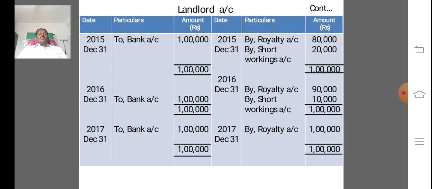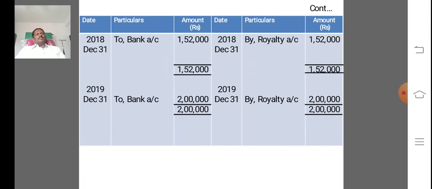In the year 2017, to bank account 1 lakh, by royalty 1 lakh. There is no short workings. In the year 2018, to bank account 1,52,000 and credit side by royalty account 1,52,000.